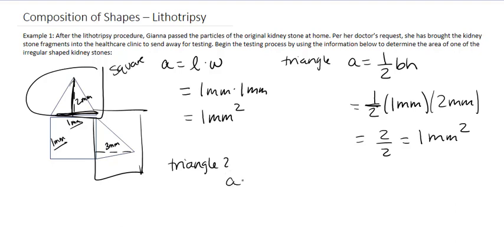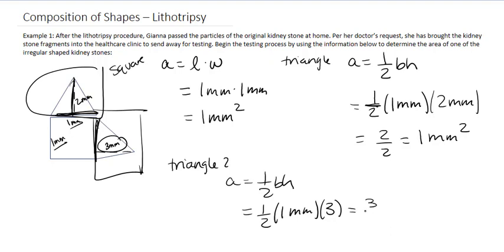So now let's look at this last triangle. So the area is the same, 1/2 base times height, which is equal to 1/2. Now our base is going to be 1 still, but our height is actually 3. So 1 times 3 is equal to 3 divided by 2, which is then equal to 1.5 milliliters squared.